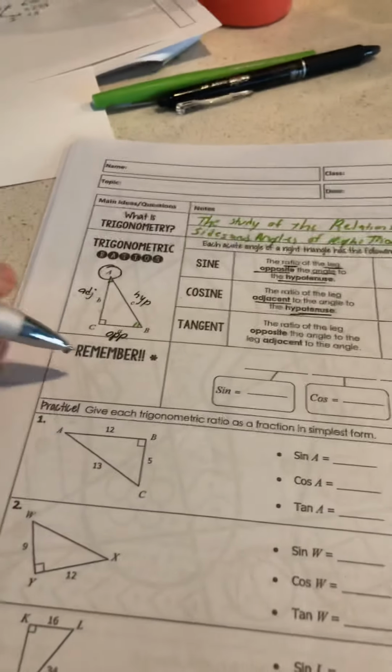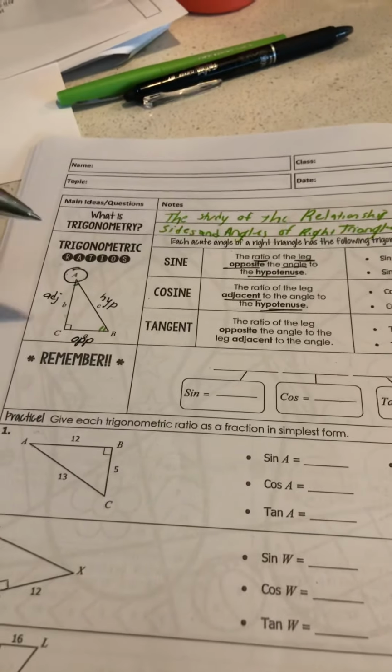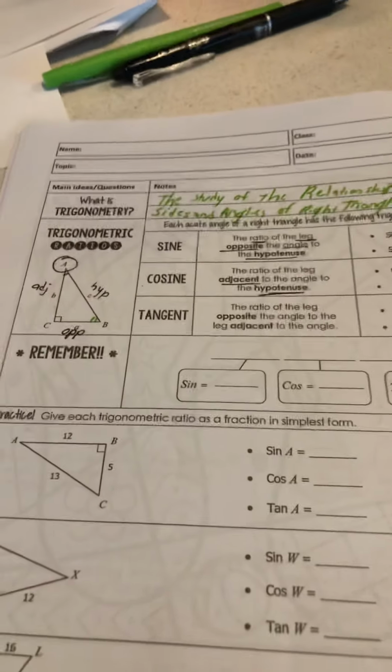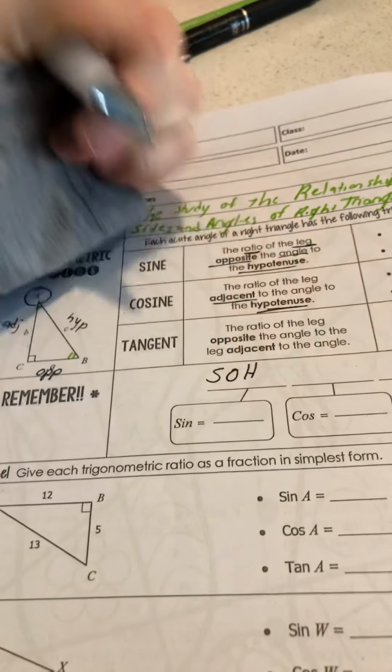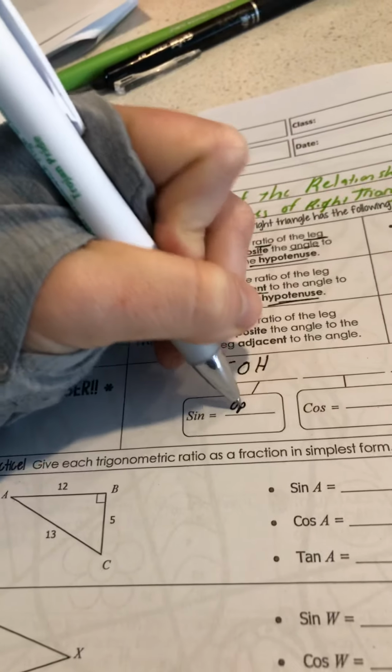So, there's a lot of words: opposite, adjacent, hypotenuse. I like to memorize it by a saying. It's not the most appropriate saying, but I think you guys will memorize it this way. And it's what I learned when I was in high school. So, sine, some old hippie, opposite over hypotenuse.